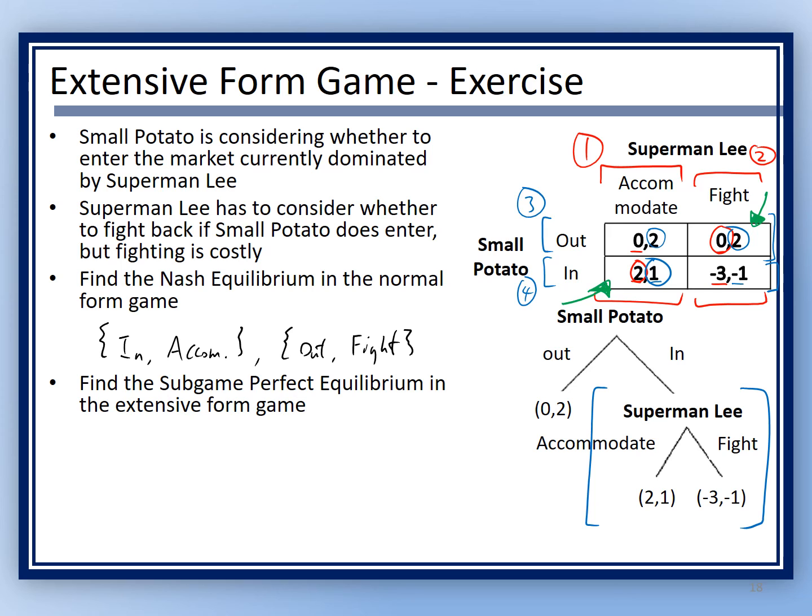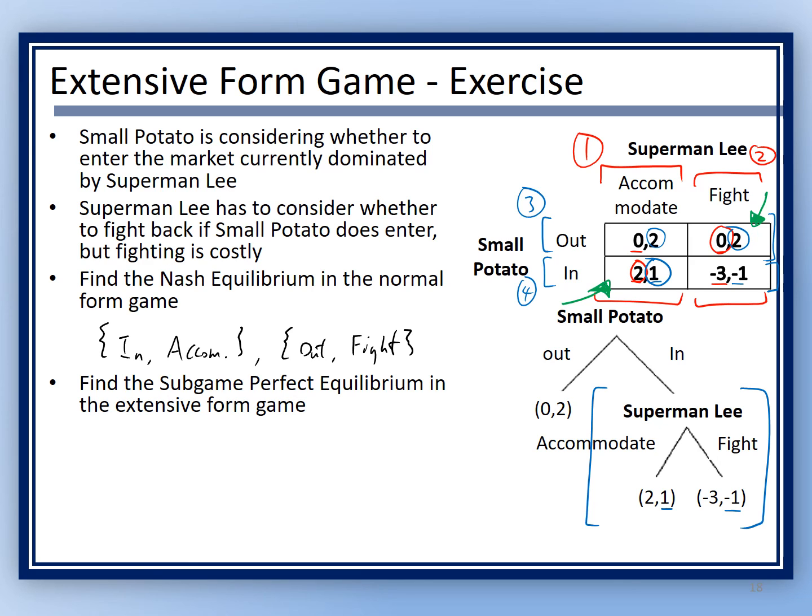This is normal form. What about the extensive form? Remember, in the extensive form, you have to start solving from the back. So let's start. There's only one meaningful subgame in this case. Superman Lee can choose between accommodating and fighting if small potato has already come in.